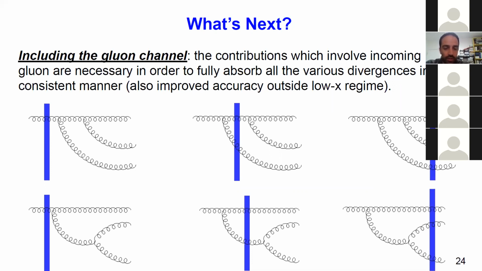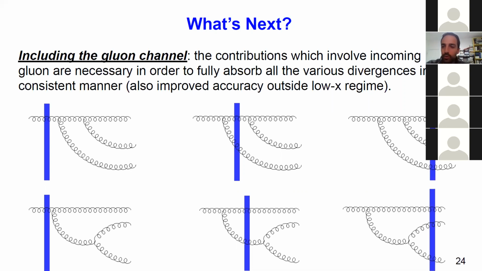Of course, if we want to systematically compute the cross section, we have to replace the incoming quark with a gluon. This is known as the gluon channel, and this is something that we must compute if we want to consistently make a check with the DGLAP.